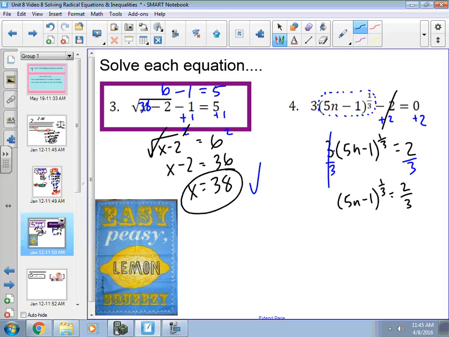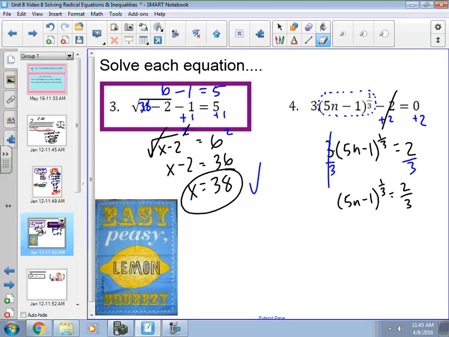Okay, so now how do we get rid of this exponent? We do not want to now do +1 or anything like that because we can't. That 5n minus 1 is stuck in the parentheses when there's an exponent there. So to undo an exponent of 1/3, we want to do reciprocal. And the reciprocal of 1/3 is 3/1, or just 3.